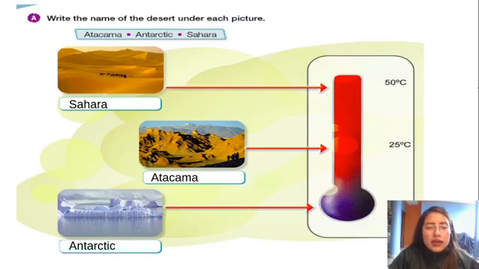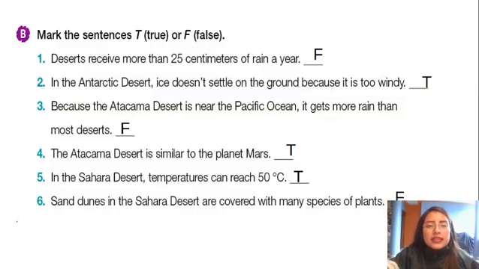Okay, let's start with activity B. Mark the sentences true or false. Number 1. Deserts receive more than 25 centimeters of rain a year. True or false? False. Excellent. False. And number 2. In the Antarctic desert, ice doesn't sit on the ground because it is too windy.